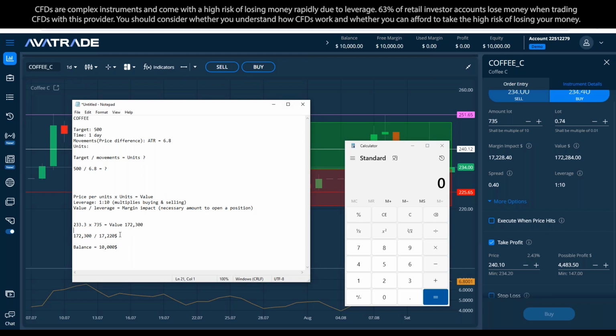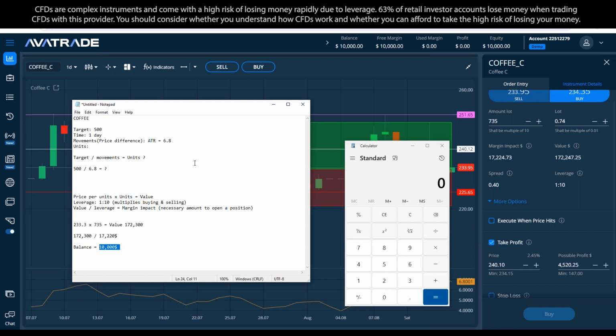Now, if I need 17,220 and my balance is 10,000, without being an expert in trading, is that a position that I can take or not? Anybody can tell me. All right, Alfred, you wrote no. Billy, you don't have enough money.